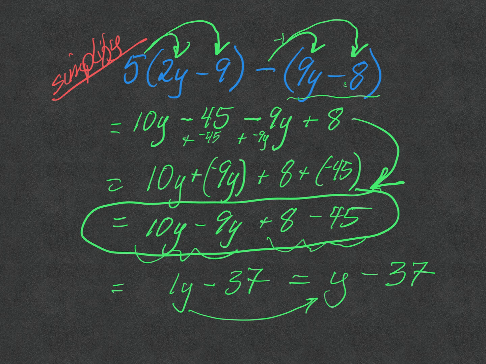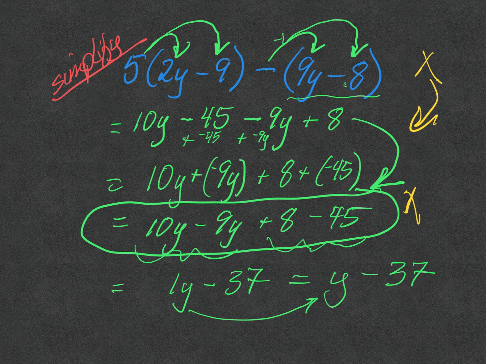And that's how you collect like terms on a more complicated type of problem. But notice you're multiplying first, so you need to remember the multiplication rules of signs. That's what we did there. Once we do that, then we're adding and subtracting, and so we need to make sure we know how to add and subtract positives and negatives.